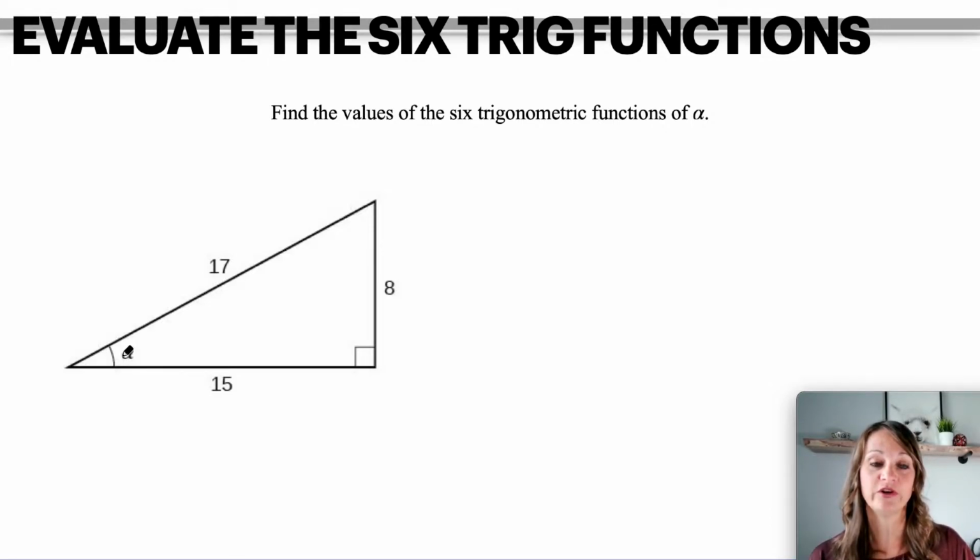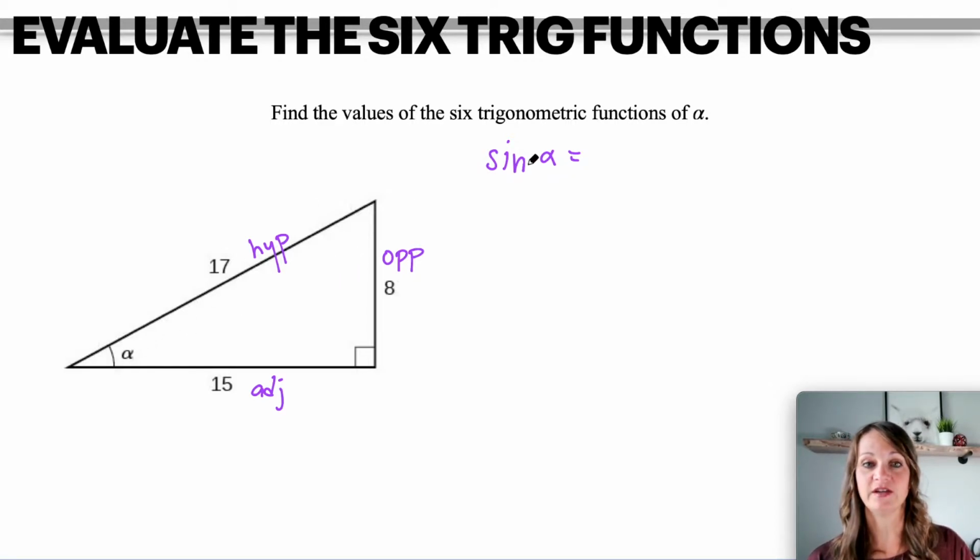Now, we can actually evaluate the 6 trig functions of a triangle. So for example, if we are talking about this angle alpha, I can say that the sine of alpha is going to equal the opposite over the hypotenuse. We know that this is always the hypotenuse. And because we're dealing with alpha, this becomes the adjacent because it is next to the angle, and this becomes the opposite side.